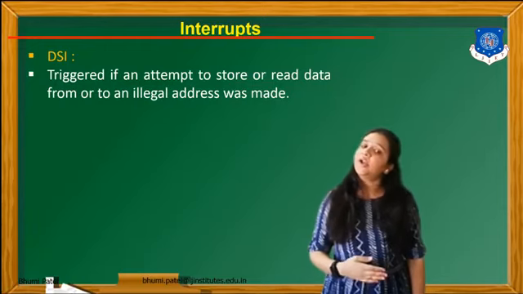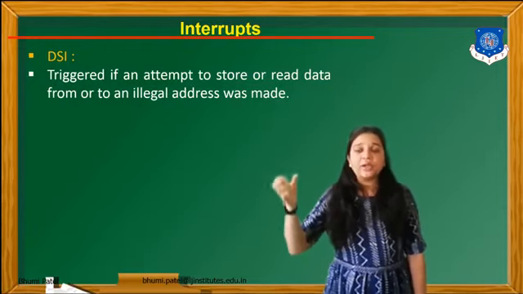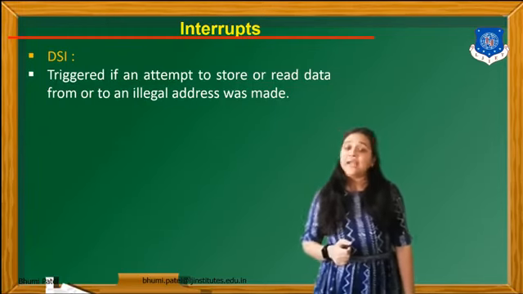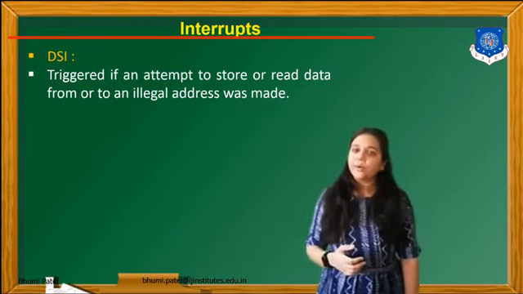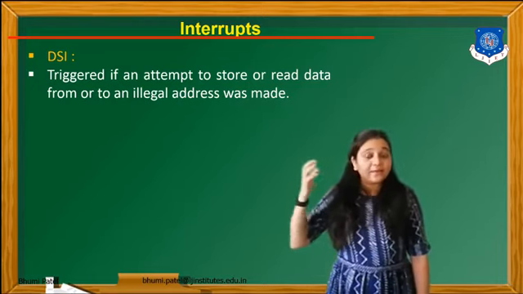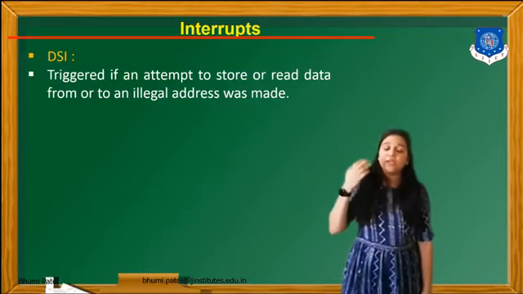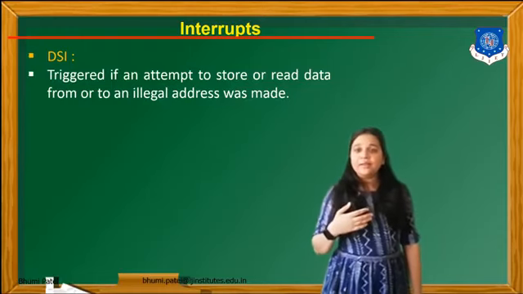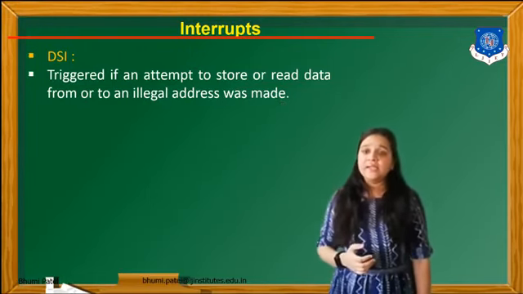We study only the ladder diagram, but an instruction list type programming language is also used. So if an illegal address is found during the program, or while storing or reading the data, that type of interrupt arises, that is DSR.